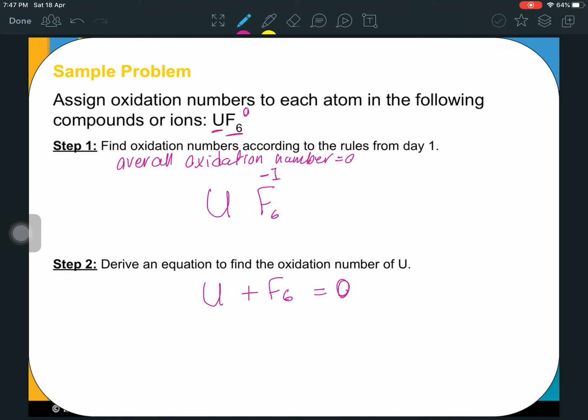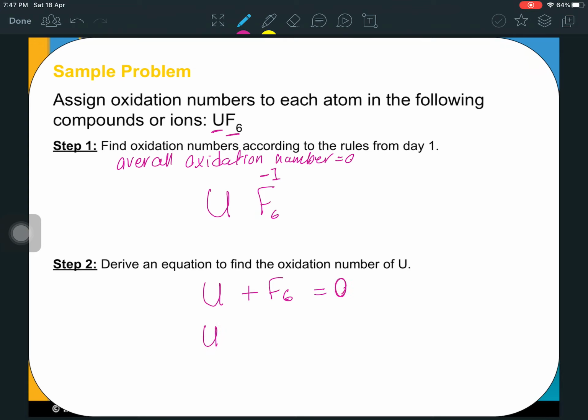Now the reason I put equals 0 is because of this. See that 0 charge right there? That is why we put it equal to 0. Now, if I had a charge of -1 here, then this would end up being -1. But obviously that is not the case. So let's just go back and put our charge as 0.